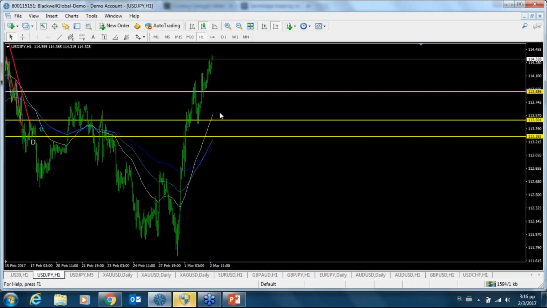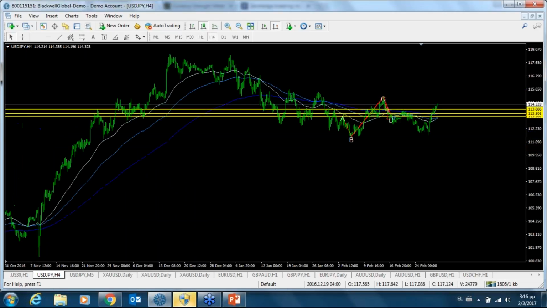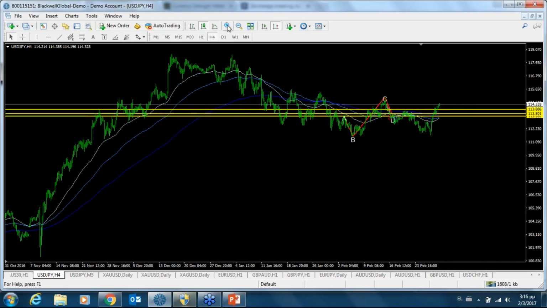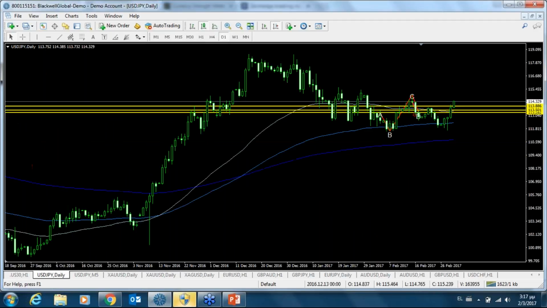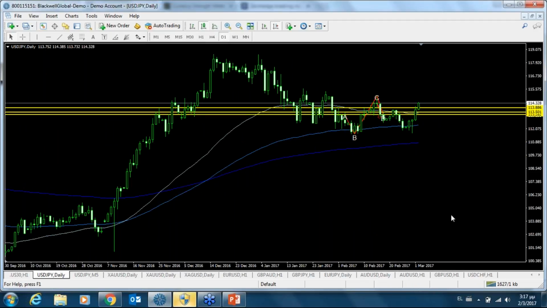The candlesticks are above all 3 moving averages as well, which is a very good sign of bullishness. Now, when we compare that to the 4-hour chart, we can see that the build-up is still happening. We still have that support on the 200, and then price got pushed up again. So here, again, some more bullishness for the USD JPY, and the same goes for the USD JPY on the daily chart.